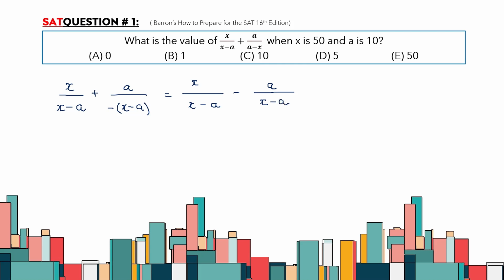So now we have two fractions with the same denominator, different from 0.